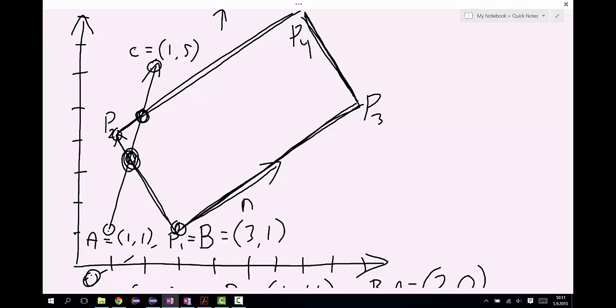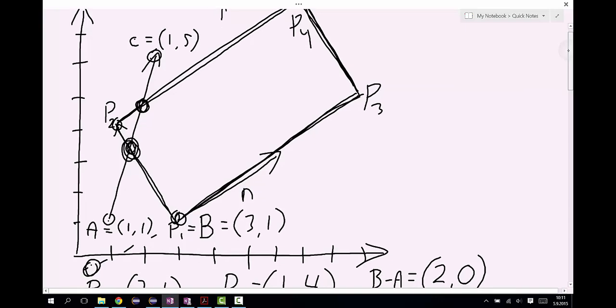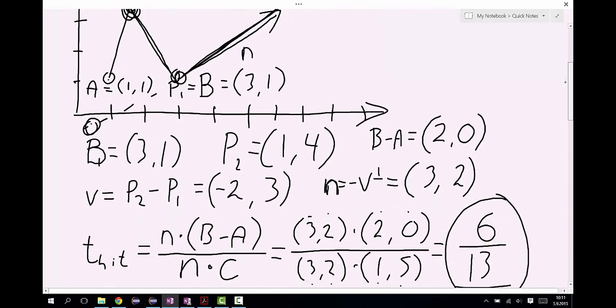So we do the T hits. Anytime we find a T hit that's within the range that we're looking at, we'll calculate the P hit, see if it's actually between 2 points, and continue from then on. So now we know this is going to be the lowest T hit. We're going to calculate P hit now, and we're going to set up a little check to see if it's actually between the 2 lines.